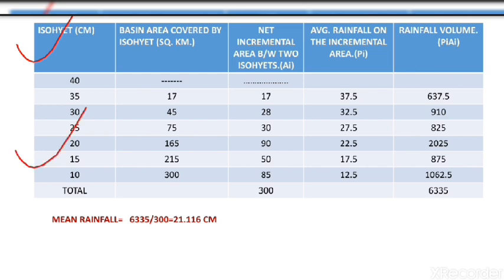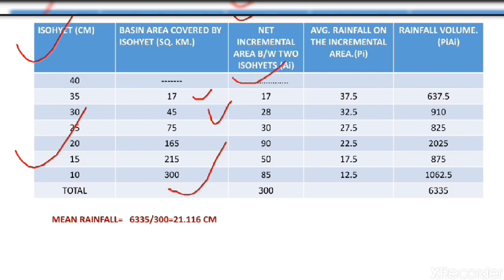In the second column I have written the basin area covered by the isohyet, which are also given in my question, 17, 45, 75 up to 300. And in the third column I have calculated the value of incremental area. That means net incremental area between the two isohyets.